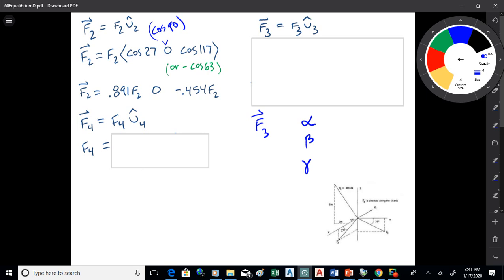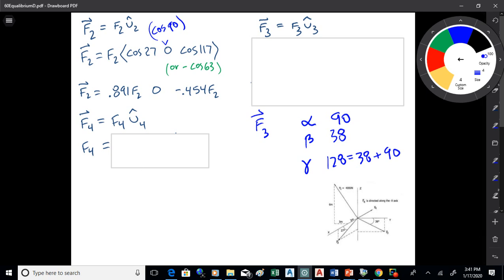What do you got for a guess for alpha? That's 90, right? Beta, 38. Gamma, 128. That's 38, because it's coplanar. The 38 is coplanar with the right angle between the axes. Okay.